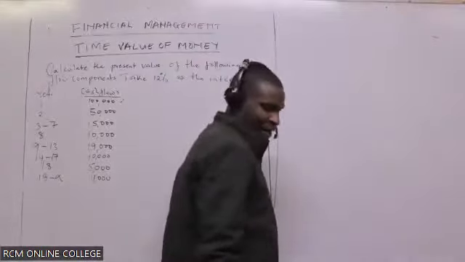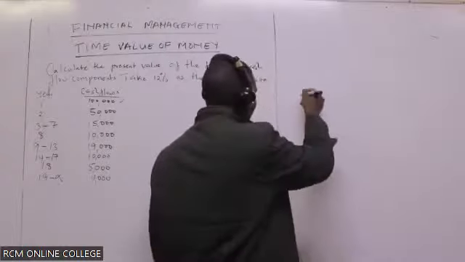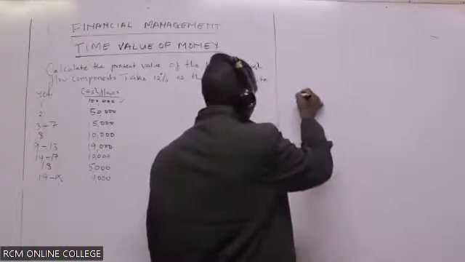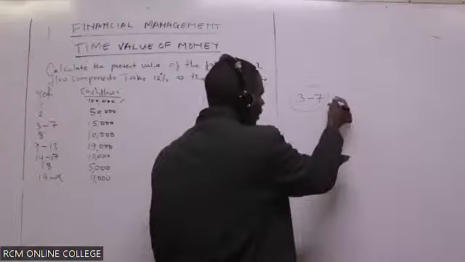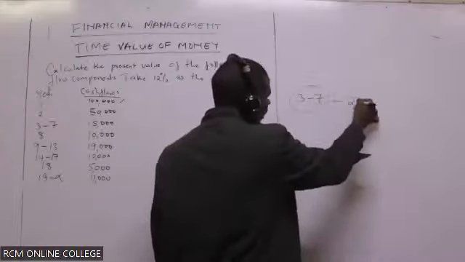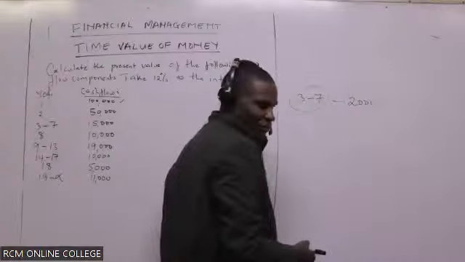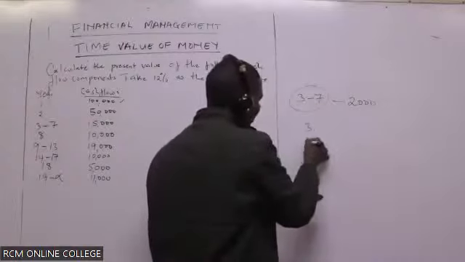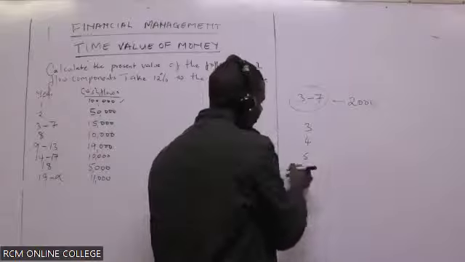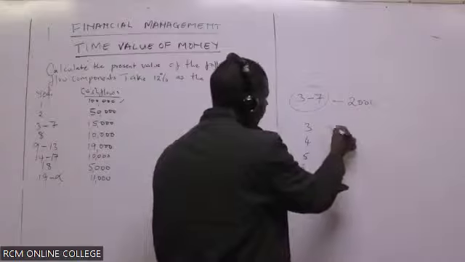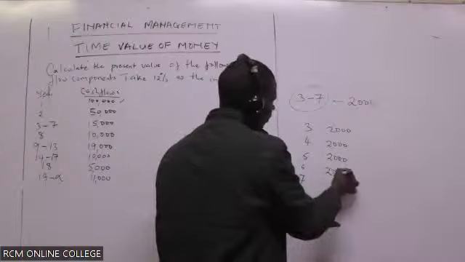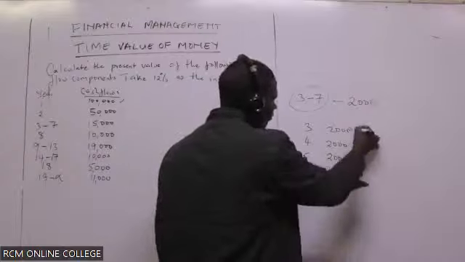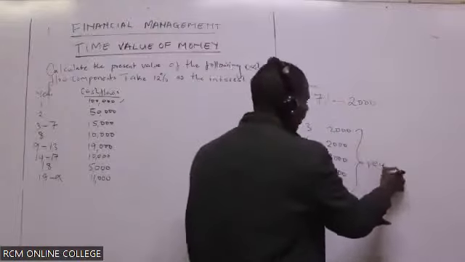I know the examiner tried to set questions until he saw that students now know, so he decided to put a range. Once the examiner puts a range for you, and tells you year 3 to 7 is 2000, what does that tell you? That year 3, year 4, year 5, year 6, year 7, each 2000. He has just hidden it, but this is a regular cash flow.